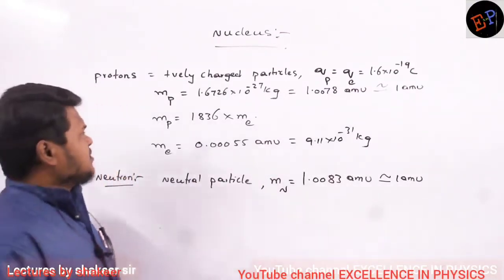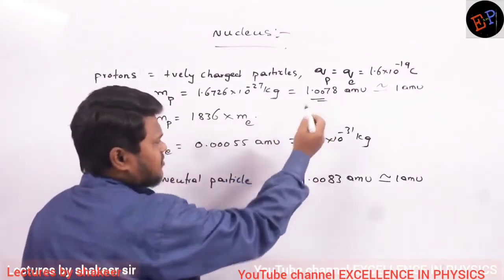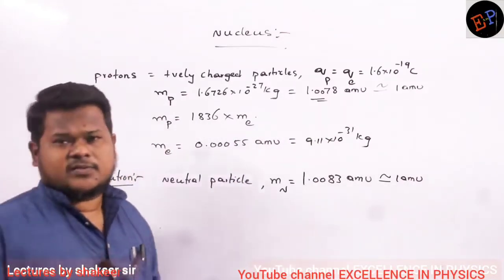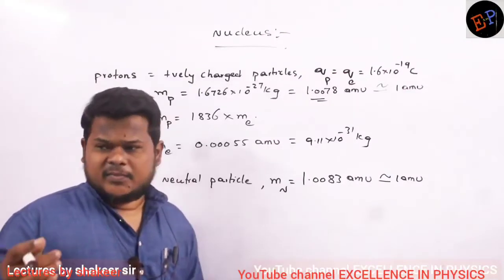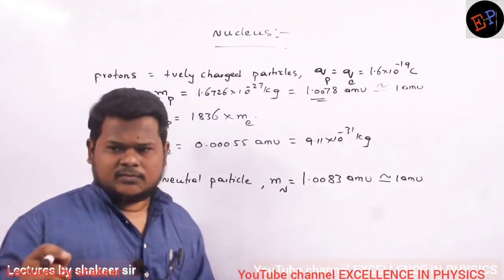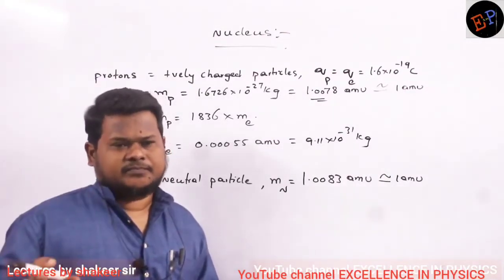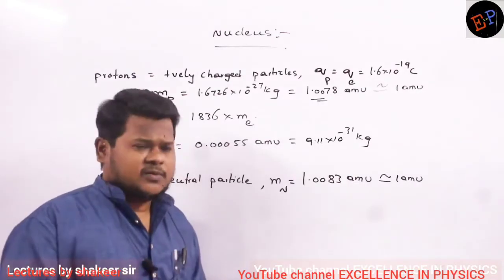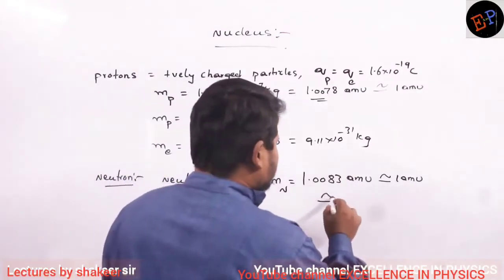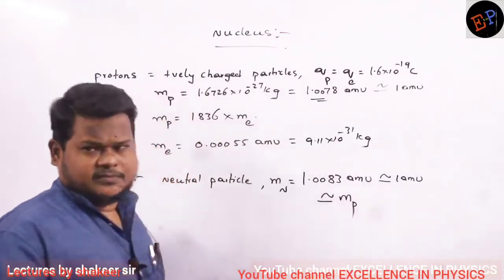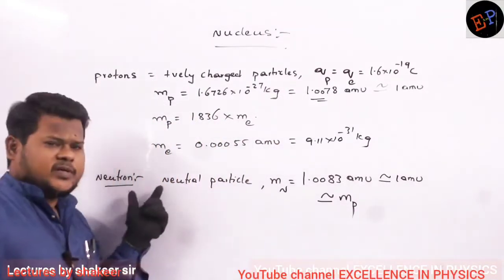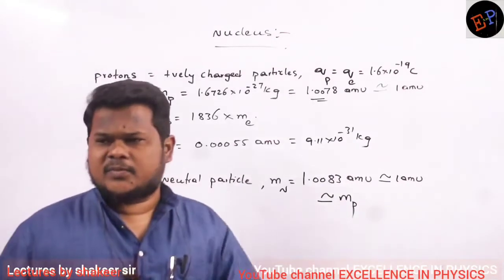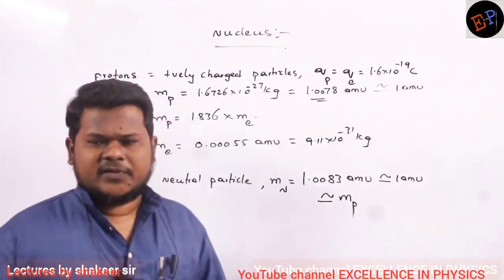Compare here: the mass of a proton is 1.0078, but this is 1.0083. It means compared to the proton, the neutron is slightly heavier, though almost equal to the mass of proton. A neutron can also be split into a proton and another particle, which we will study later.